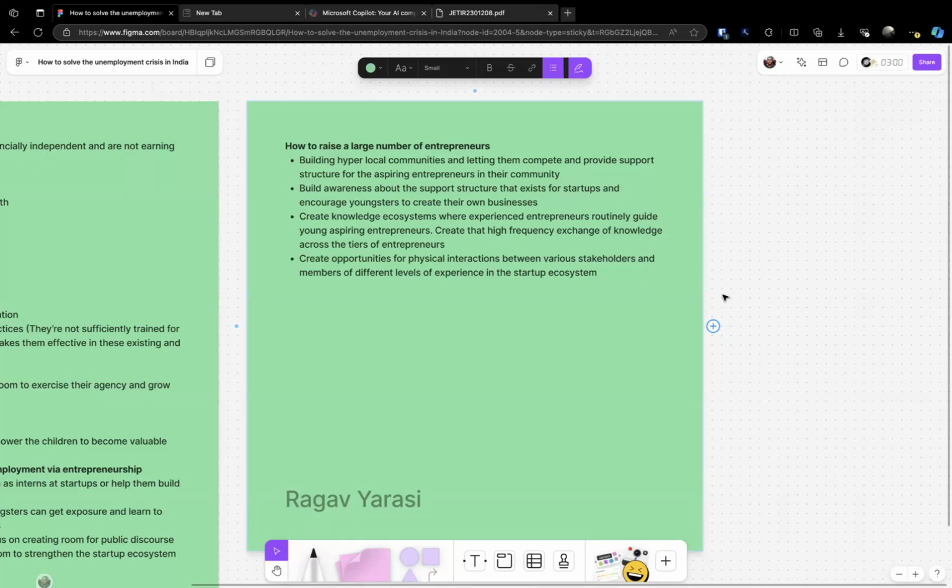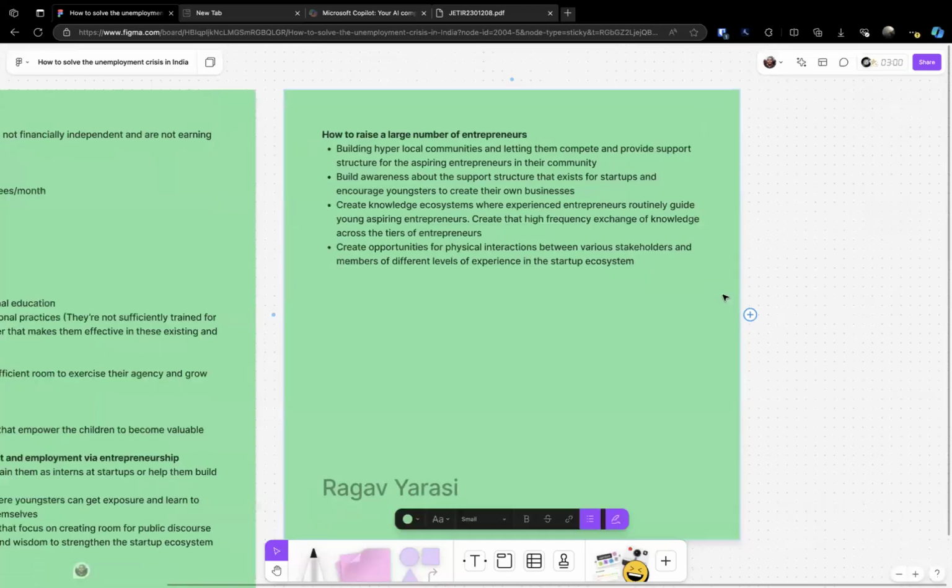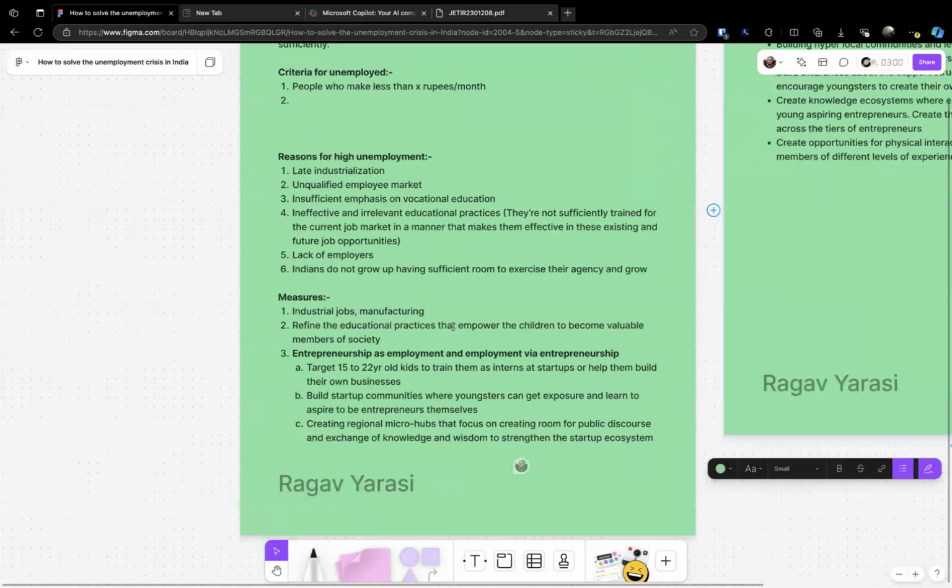Education is something that I would consider to be a long-term solution. That is obviously the root cause, so it's going to take a few decades to mature as a solution. So we have to do that. I'm not saying we shouldn't, but on top of that, we also have to address the immediate crisis. That's why I was focusing on the 15 to 22-year-olds.